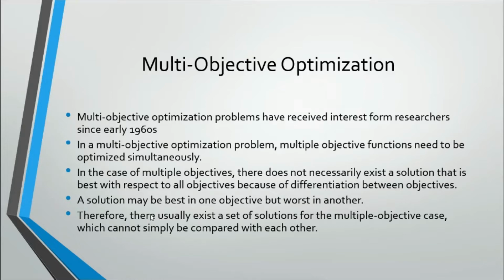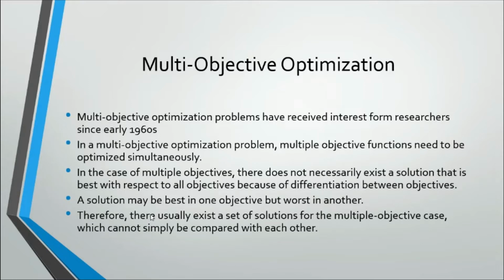So what we have to do in such cases is find different solutions in terms of these two different criteria, these two objectives, and then select one alternative from all those, which is a compromise between the different criteria. That is the solution for multi-objective optimization.